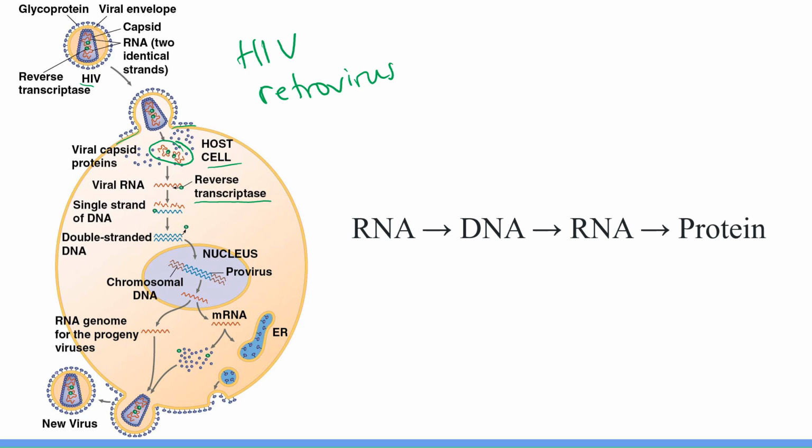So from there, the retrovirus RNA gets reverse transcribed and it gets turned back to DNA. There is double-stranded, and so it enters the nucleus and gets incorporated into the chromosomal DNA of the eukaryote.